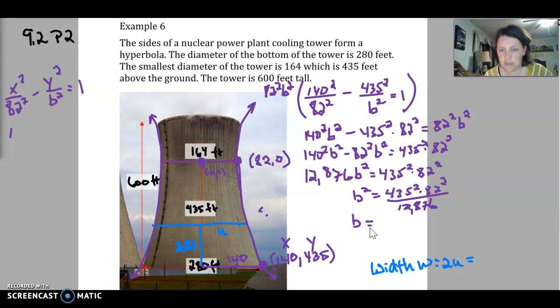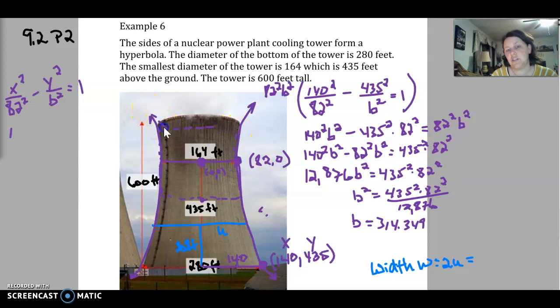I do like to find b because I can estimate and know what things look like. So if b is equal to 314.349, that would be how far we would come down. So we could estimate right about there to put in our construction rectangle. And I think that looks pretty good.